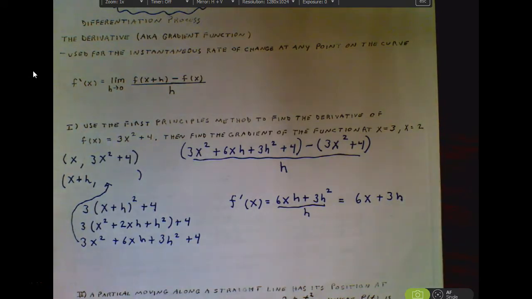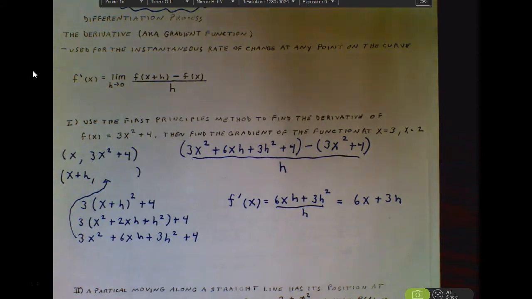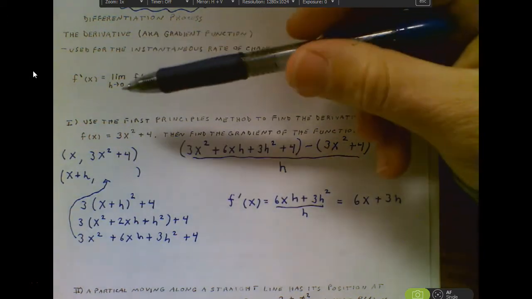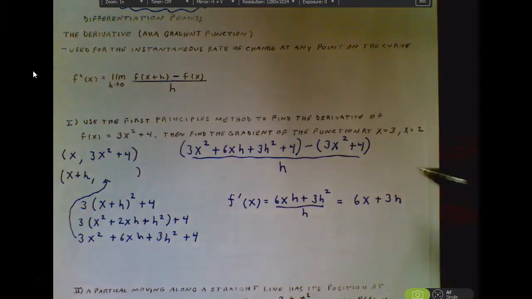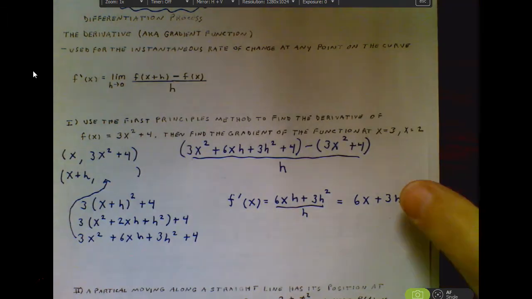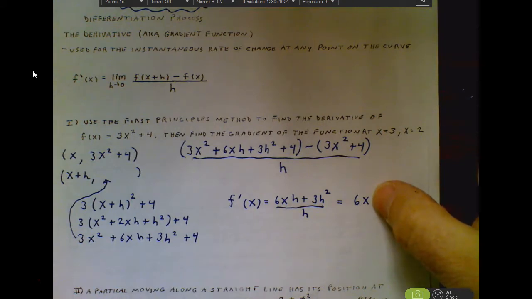So here's one thing I want you to understand, super important, and this is what we covered in our last lesson as well. All this has to do with is the limit that we're finding as h approaches 0. So if h is becoming 0, all I'm going to be left with is my 6x right there.